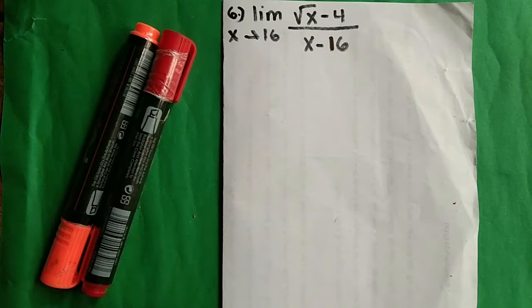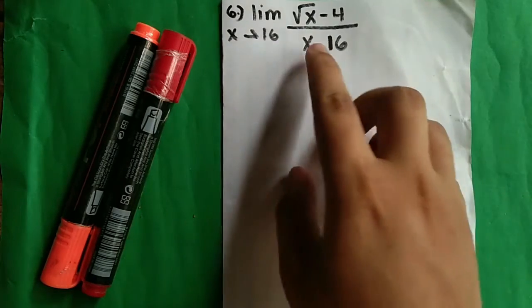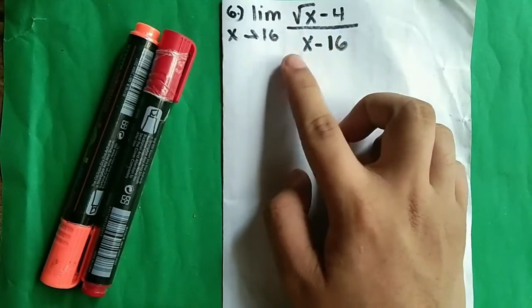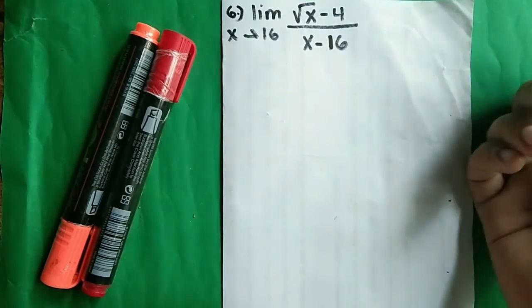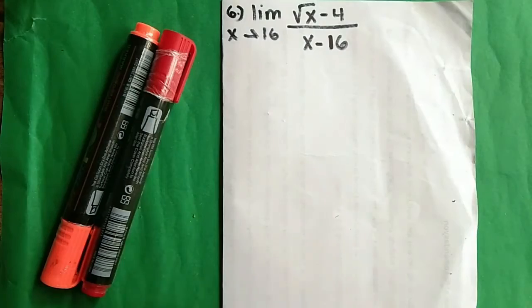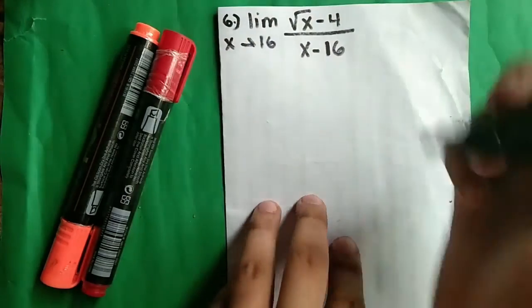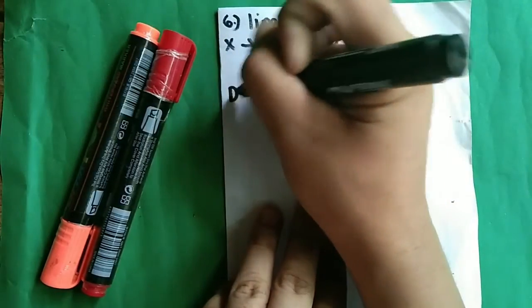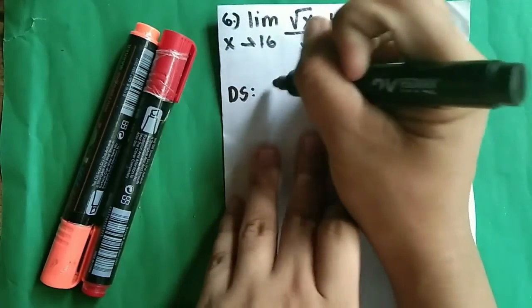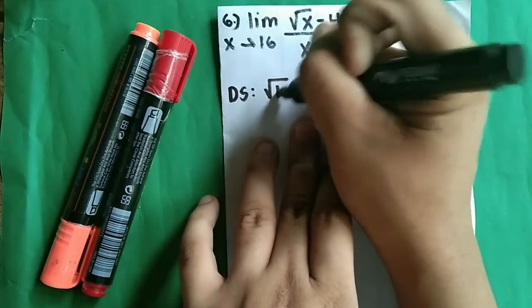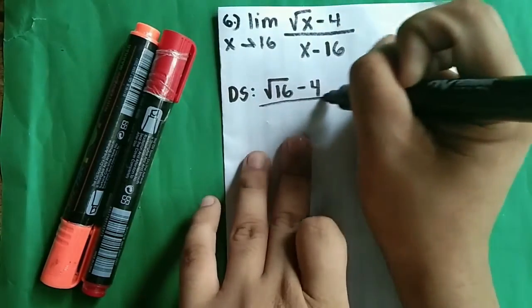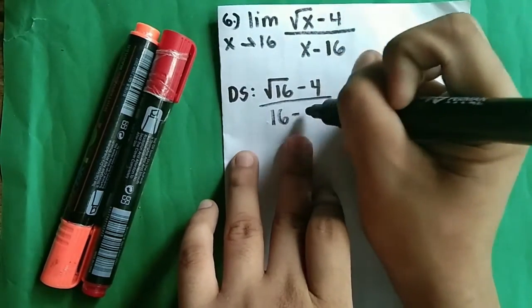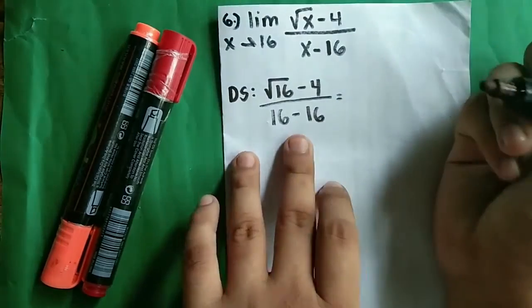And for our last example, the limit of square root of x minus 4 all over x minus 16 as x approaches 16. Let us direct substitute the value of x. Square root of 16 minus 4 over 16 minus 16.